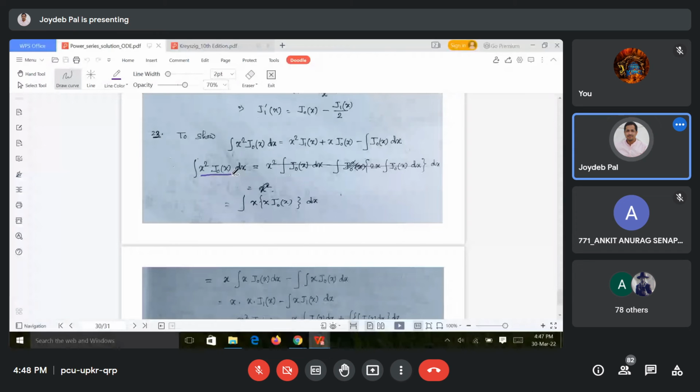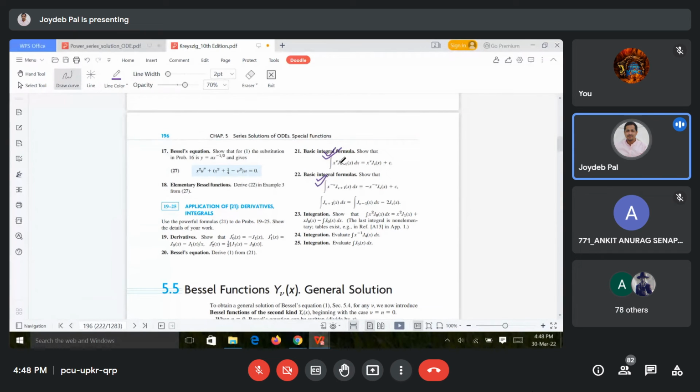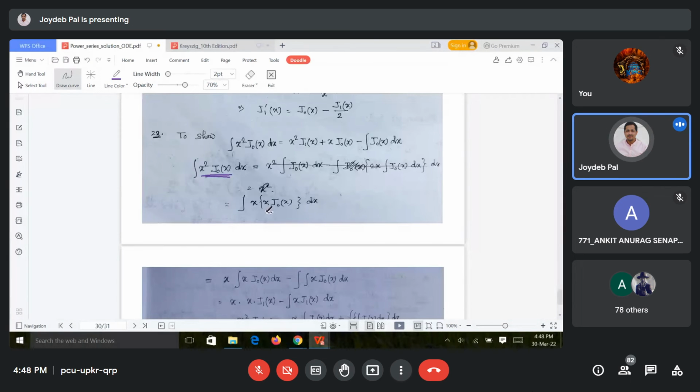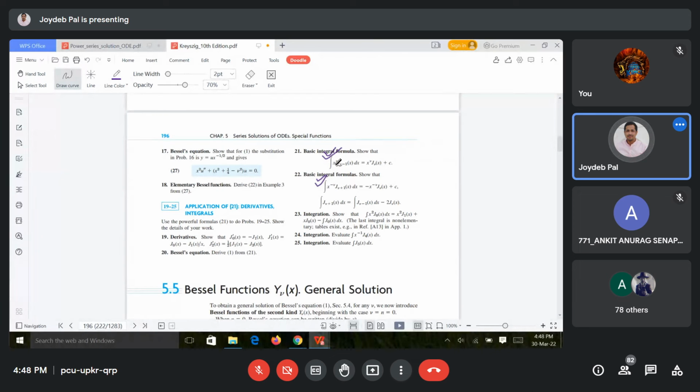Because in this formula, if I put nu directly, can I get integration of x square j naught x? It is x to the power nu j nu minus 1. If I take nu 2, I will get x square j1, or x to the power minus 2 j3. That will not work. It is not x square j1, it is x square j naught.